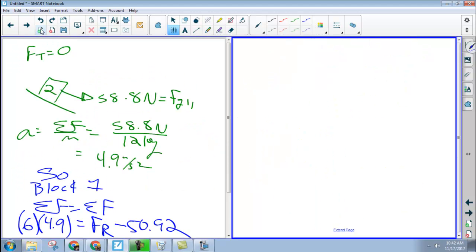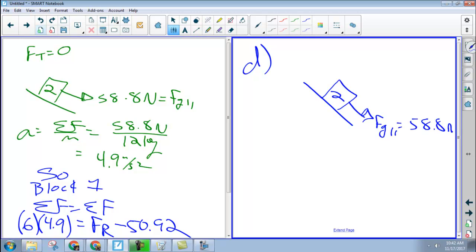So to do part D, block 2 is here. I know that it's got an FG parallel of 58.8 newtons, and the problem tells us the tension. It's 80 newtons, right? So acceleration is net force over mass. My net force is, we should call this negative 80, right?